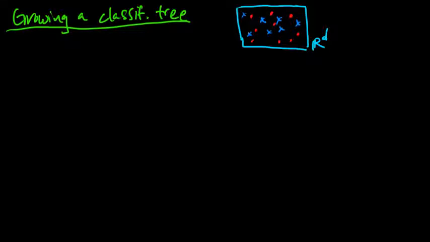And a little bit of notation to make our lives easier. Let's say we've got some arbitrary subset of R^D, called R. Then we'll define E sub R to be the fraction of, so we're going to count the number of points of each class in R, and if we wanted to assign a label to this region R, we would take a majority vote.